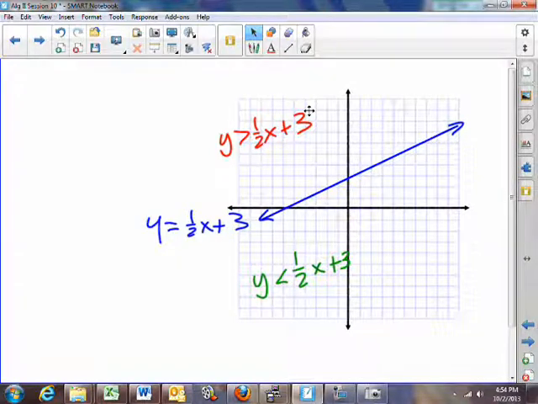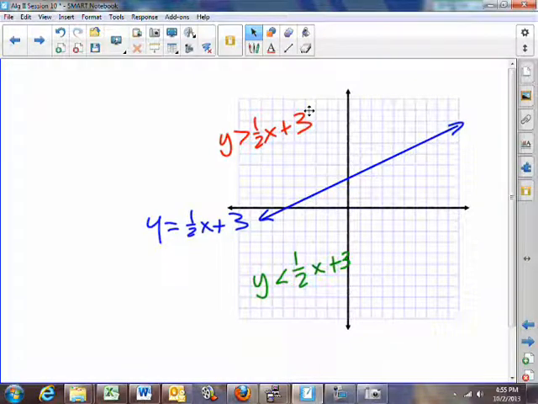But if we just had y is greater than 1/2 x plus 3, we have the part above the line, but the line itself isn't part of the set of points that satisfy it. It's just the edge.